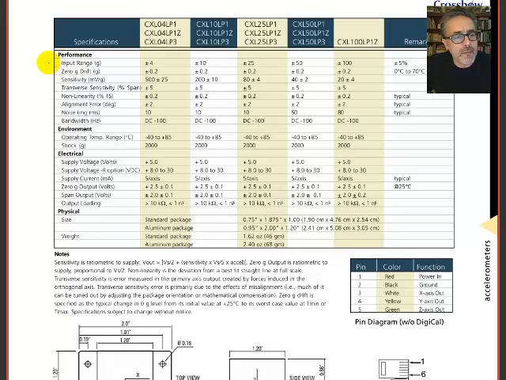So input range here. Input range is important. That is the range of accelerations that you're interested in measuring. The one that we have in the lab is this device right here. It's a CXL04LP.